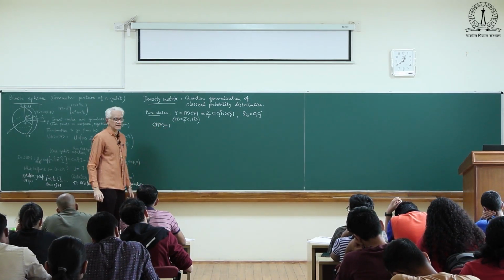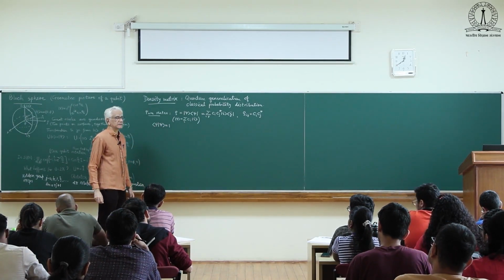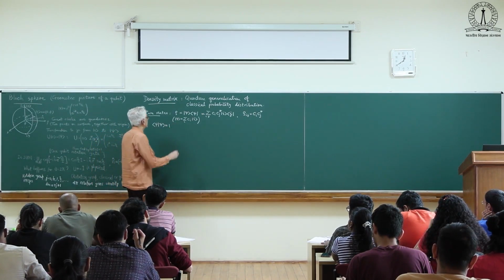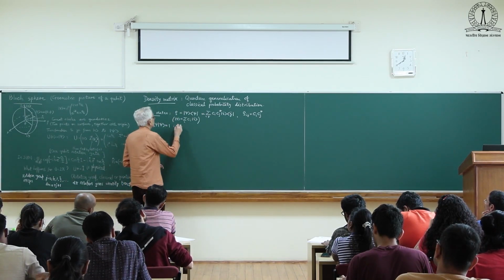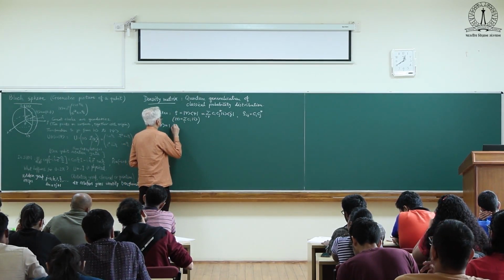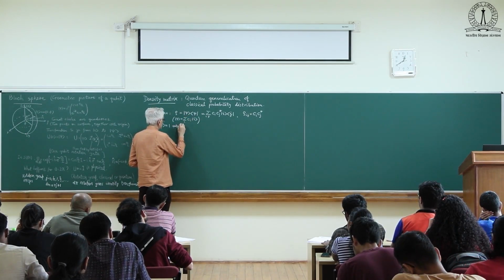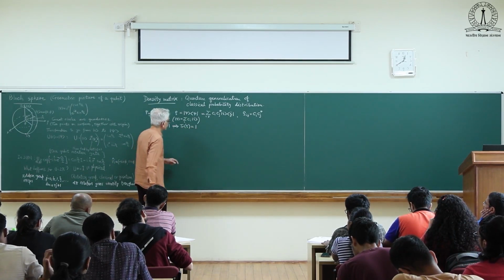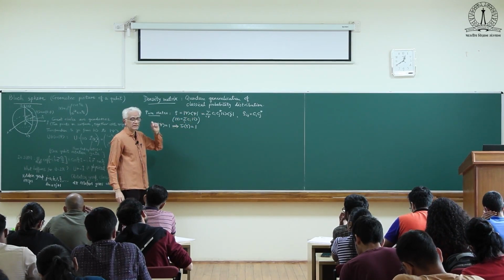One was the normalization: the vector contracted with itself is equal to 1. What does this become? How do I contract this thing? The convenient way to do it is take a trace.